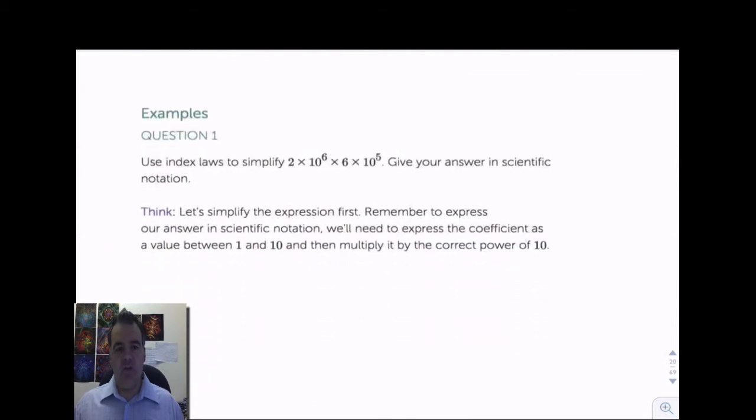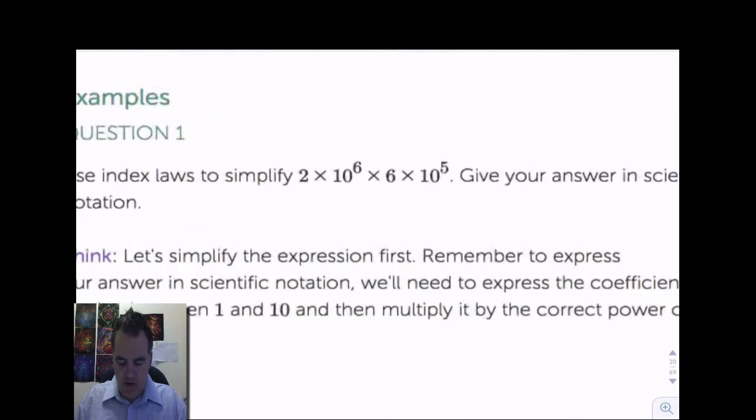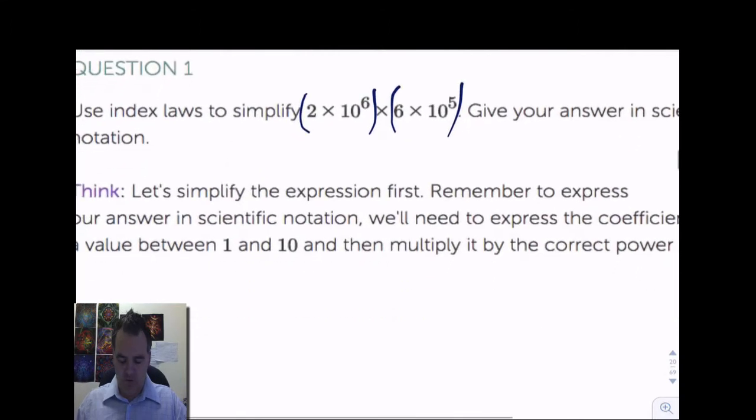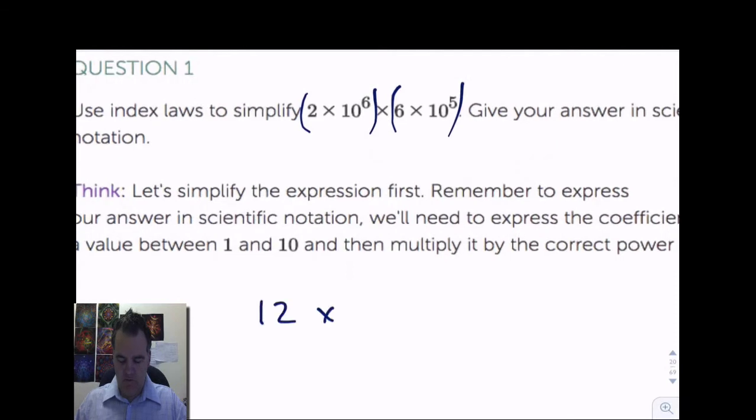You might need to use your calculator to do things like this. You've got numbers in standard form, 2 times 10 to the power of 6 times 6 times 10 to the power of 5. In this one, we're going to split them up separately. So you'd say that 2 times 6 is 12, and then 10 to the 6 times 10 to the 5 is 10 to the 11. Now that's the correct answer, but it is not in standard form.